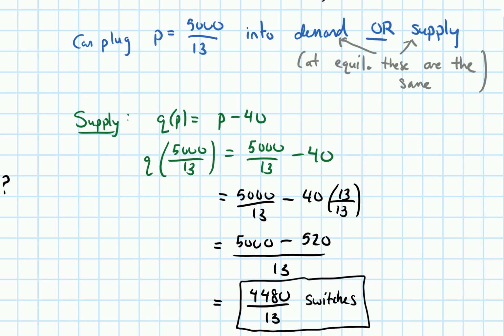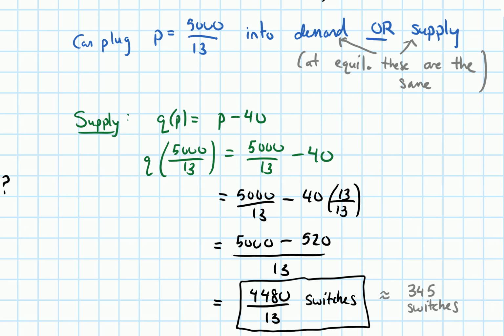That's why it was fine for us to plug into the supply in this special case. Okay, and to get a feel for what this number is, I've gone ahead and plugged this into a calculator. And if I round this to the nearest integer, we get 345. So for the supply to be equal to the demand, Target would need to be selling 345 switches.